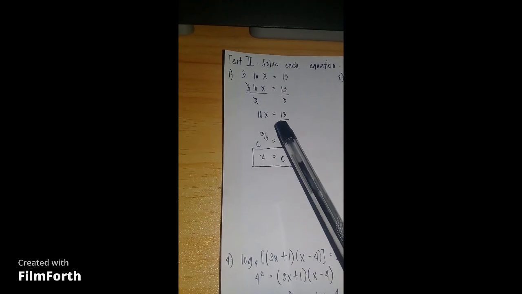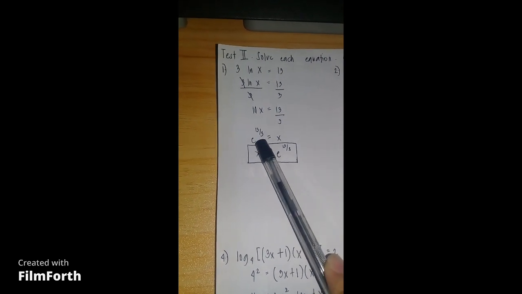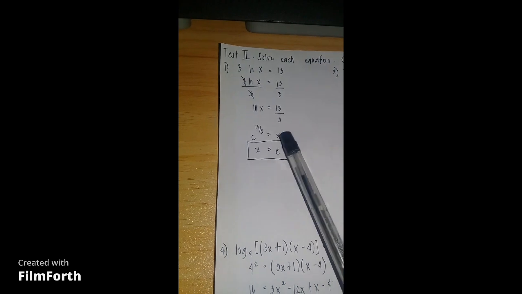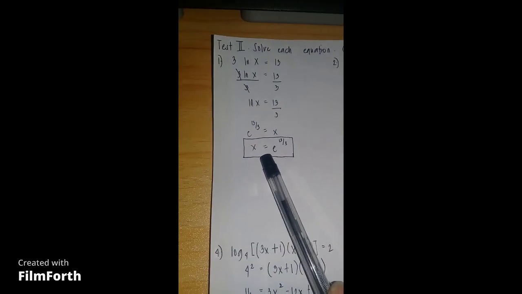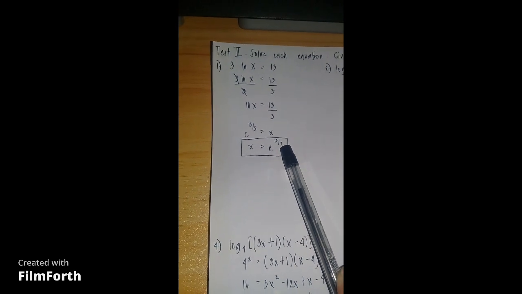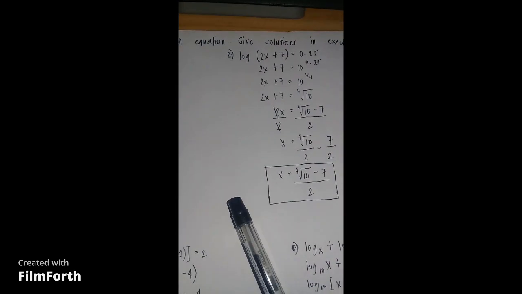So, we exponentiate, and we have here e to the 13 over 3 equals x. So our final answer in number 1 must be x equals e to the 13 over 3. So let's go to number 2.